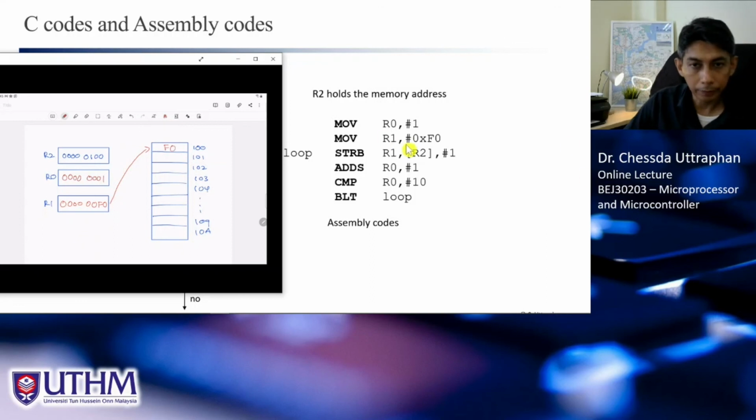We have F0. And remember, this is post index, right? So when you have this, you need to update R2 by 1 after you execute this. So R2 will automatically be updated to 101.